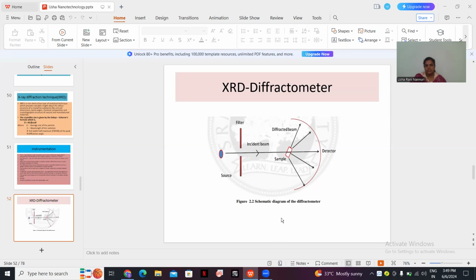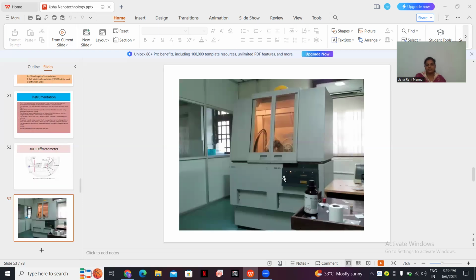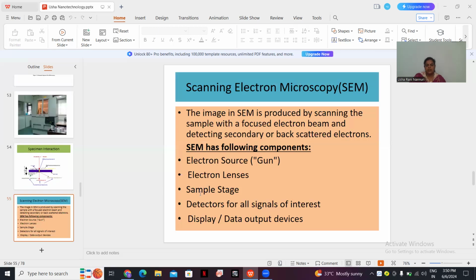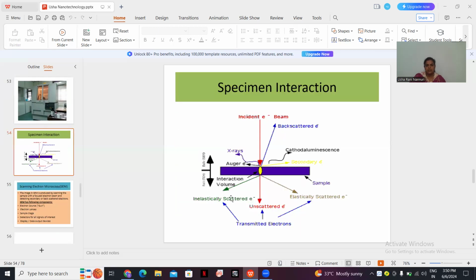And this is the experimental setup in the laboratory. Specimen interaction takes place in this way. This is the X-ray diffraction method.